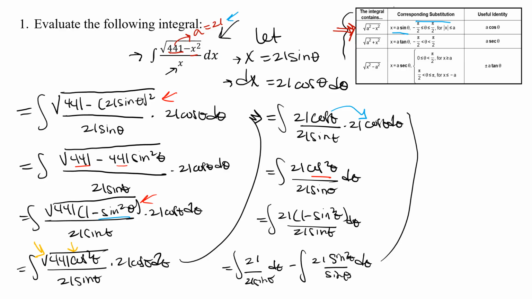All right, so then what do we get? If you think about your 21 right here, we're going to pull it out to the front, and then we're going to see if we can rewrite that trig identity. Instead of 1 over sine, we're going to make it 1 over cosecant, okay?